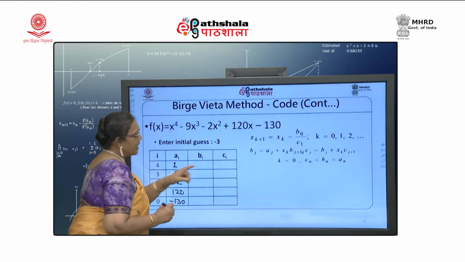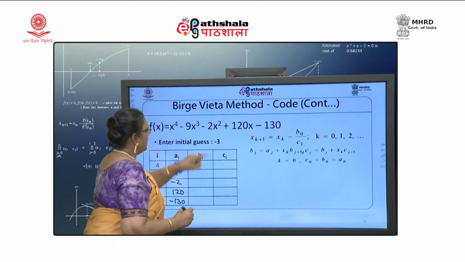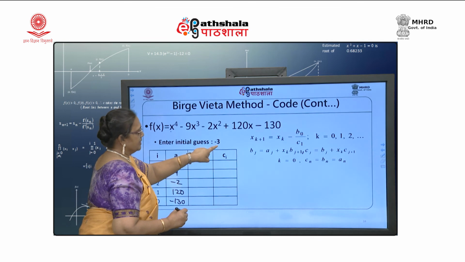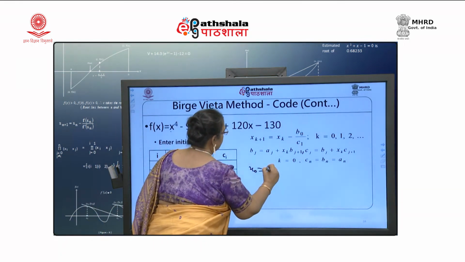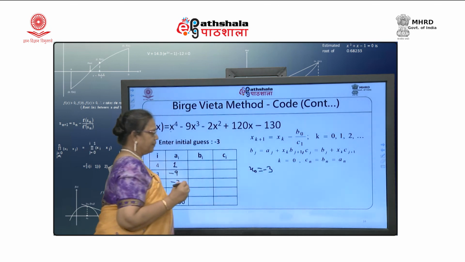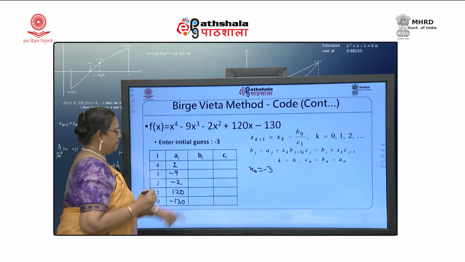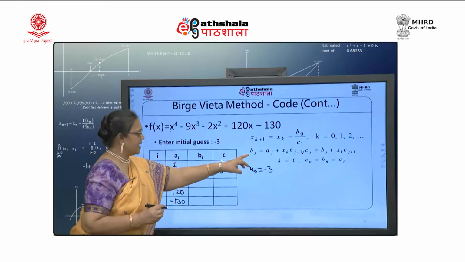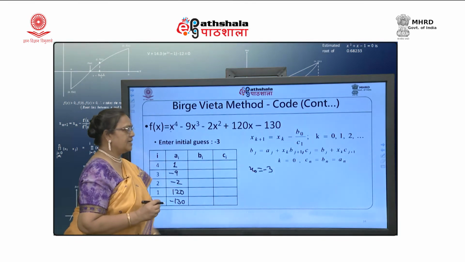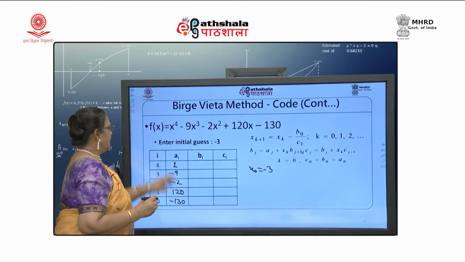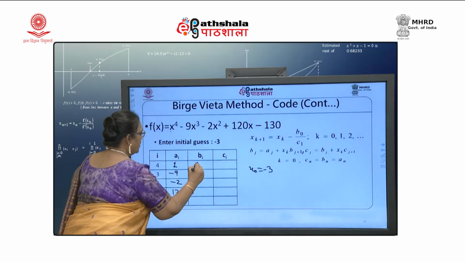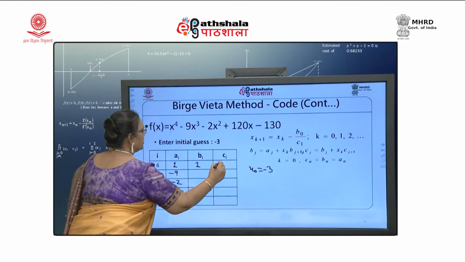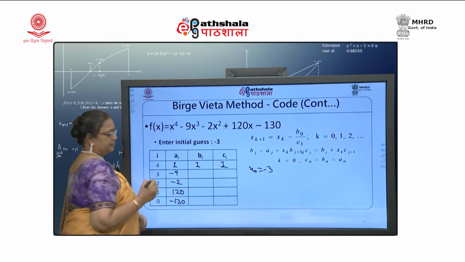Now, we need to calculate b0 and c1. We have made the initial guess x0 as minus 3. To calculate b0, this is how we are doing it: bn and cn are the same as an, and n is 4. So, b4 is the same as a4, that is 1, and c4 is also the same as a4, so it is also 1.